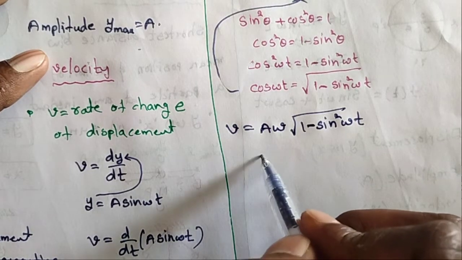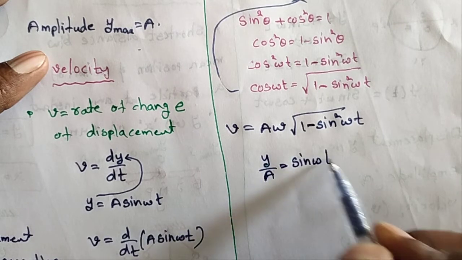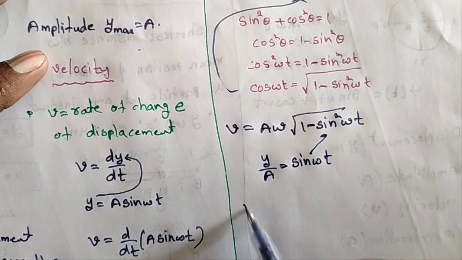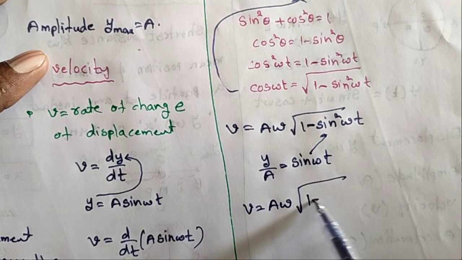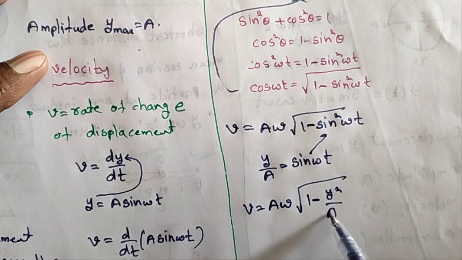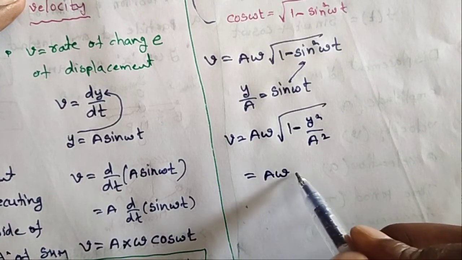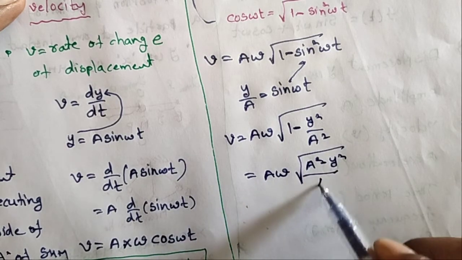But y is equal to a sin omega t, so y by a is equal to sin omega t. Substitute in this one: v is equal to a omega under root of 1 minus y square by a square. Taking the LCM, a omega under root of a square minus y square by a square.